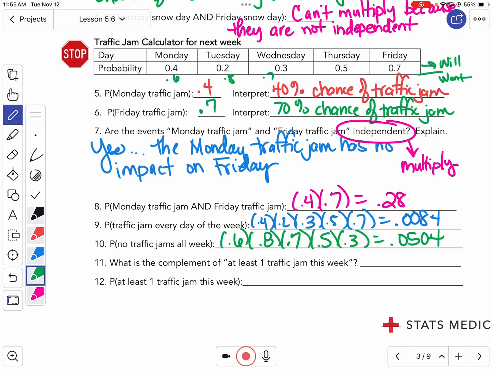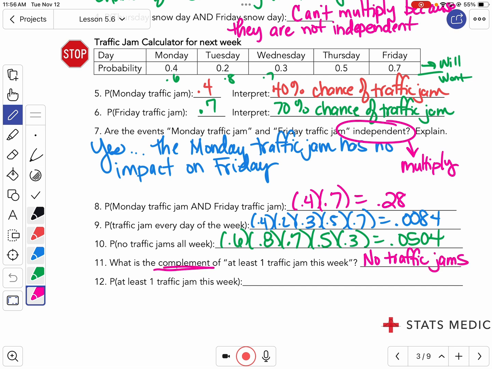Now, this is interesting. What is the complement of at least one traffic jam this week? What does complement mean in probability? Means not, right? So what would be the complement of at least one? No traffic jams. Okay?